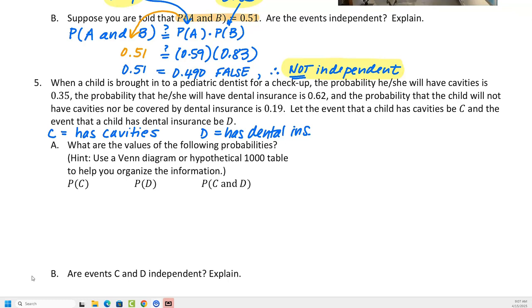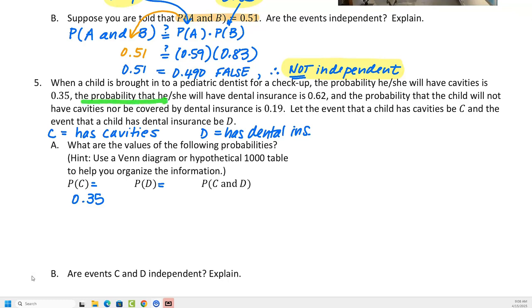Okay, it says, what are the values of the following probabilities? Uh-oh. Do they tell you what the probability is that the child has cavities in the problem? Sure does. It says the probability that she has cavities is 0.35, 35%. Do they tell you the probability that they have dental insurance in the problem?